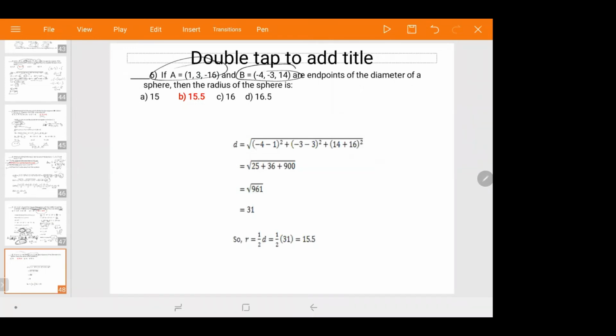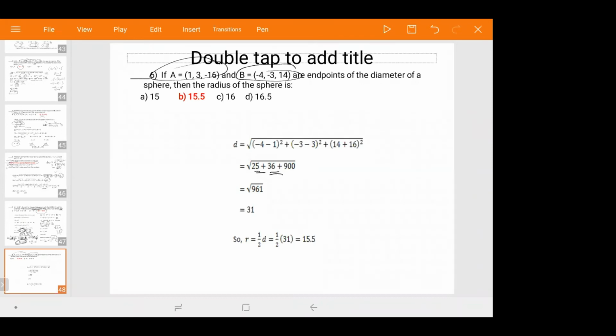Okay, distance is the square root of change of x squared plus change of y squared plus change of z squared. So you'll have what? Negative 4 minus 1, that is negative 5 squared, 25. Negative 3 minus 3, negative 6 squared, 36. 14 minus negative 16, 14 plus 16, that is 30 squared, 900.